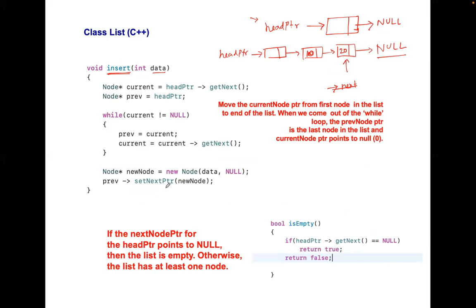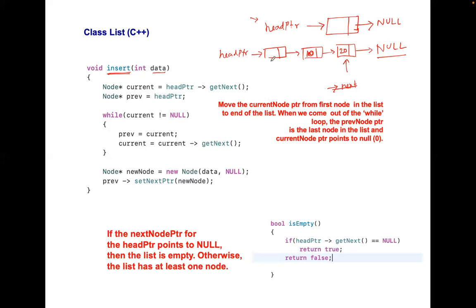So how do we find this last node? In a linked list, all we have is the address of the first node, which is the head pointer. So we have to start from the first node.